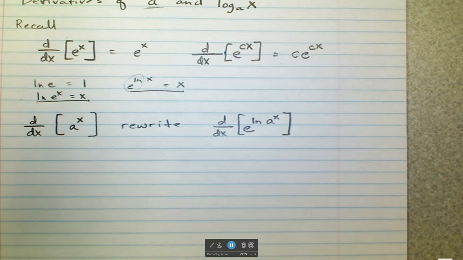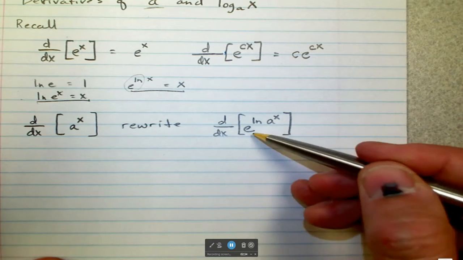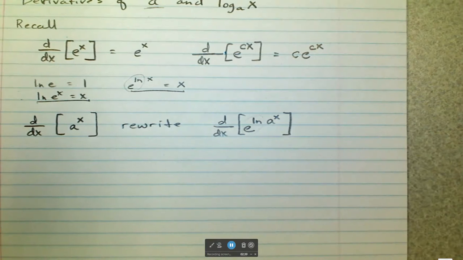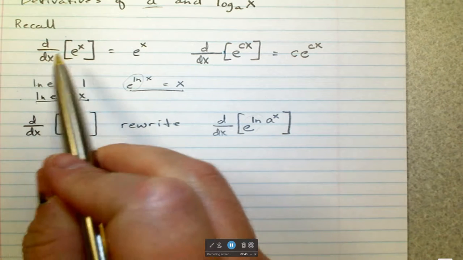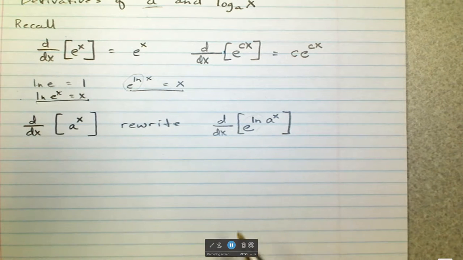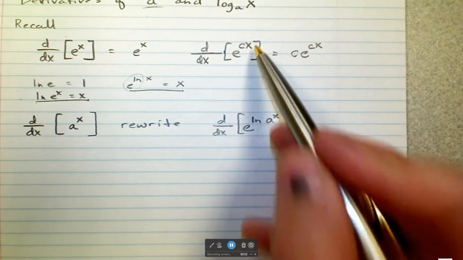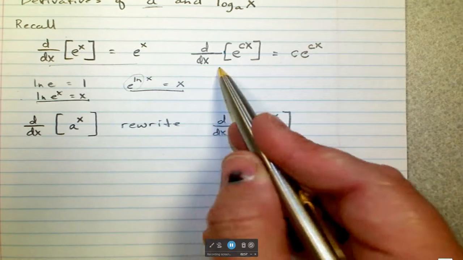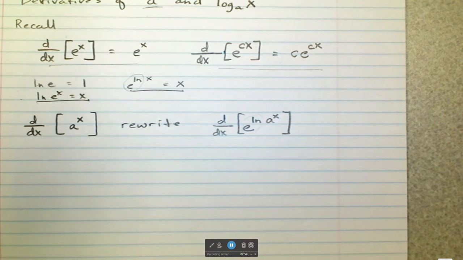The reason we're doing this is that this is just 1, so I haven't actually changed this at all. I'm just rewriting it. The reason I have rewritten it this way is because I know the derivative of e to the x is e to the x, and the derivative of e to the cx is c e to the cx. So I'm going to use these properties, and that's why I'm rewriting it that way.